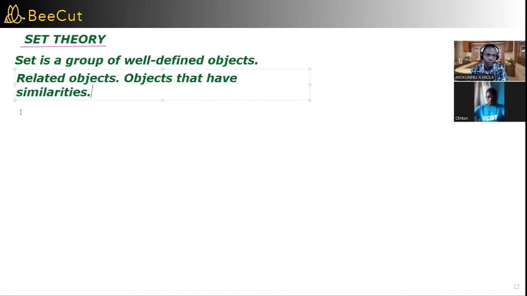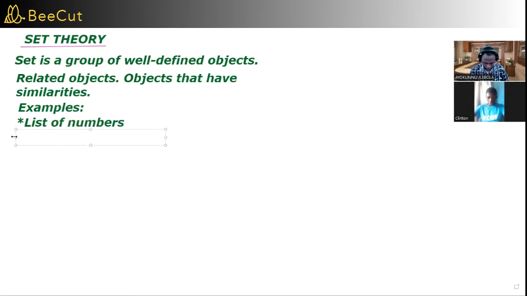So let's look at examples now of what we call sets. An example of a set is something that when you see it, you can know that okay, this is a set. Number one, I can talk about a list of numbers. Then I can also say a list of even numbers.